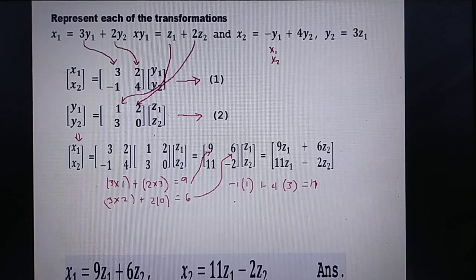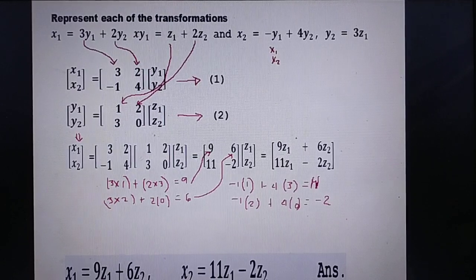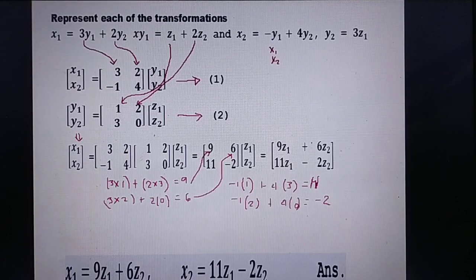And -1 multiplied by 2 plus 4 multiplied by 0. This is -2, and that is the result. Then multiply by its variables, and we have the final matrix of 9z1, 6z2, 11z1, -2z2.